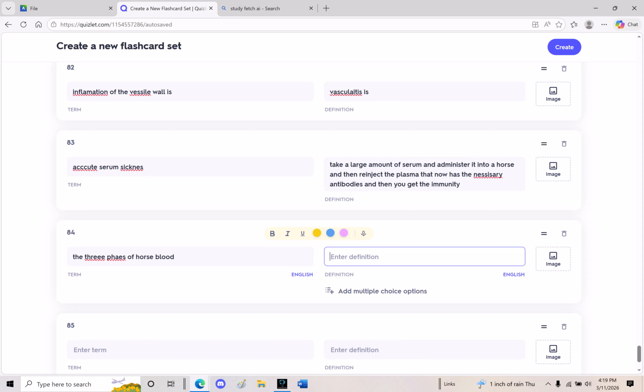Okay, so you have active, you have passive, you have natural, and you have artificial. These are your four kinds of immunity. So, for passive natural, you're thinking mom gives it to the kid, right?